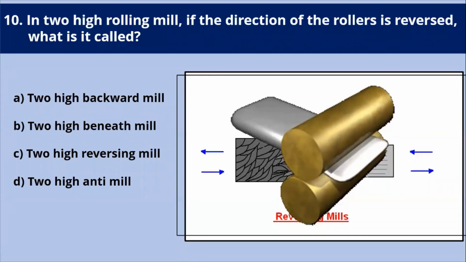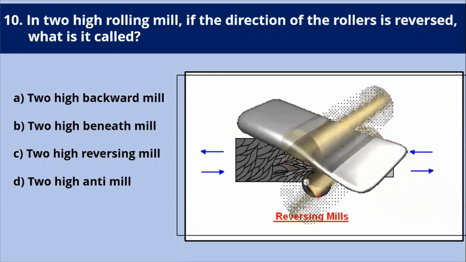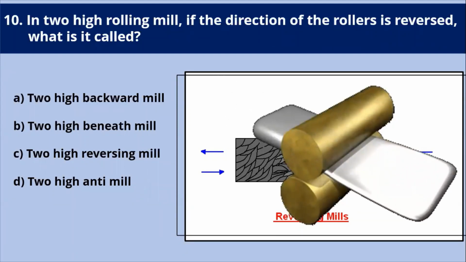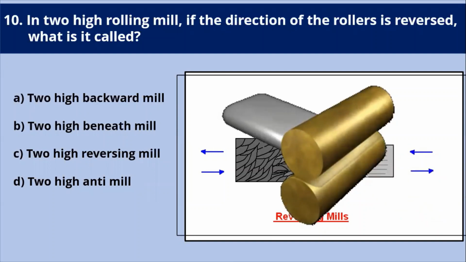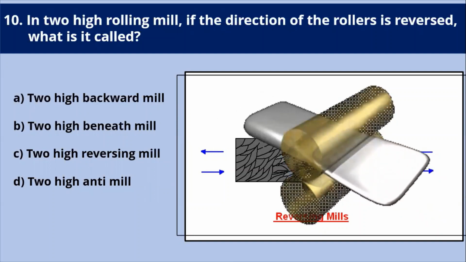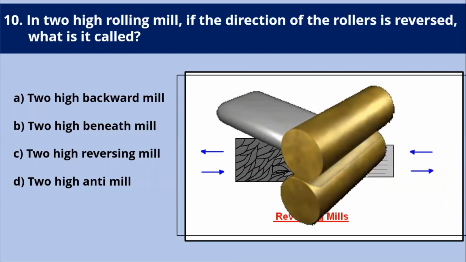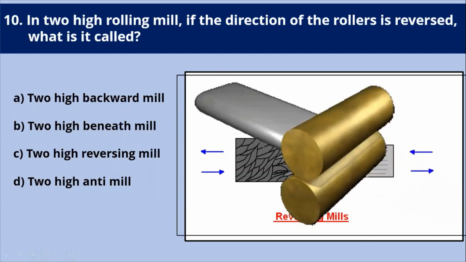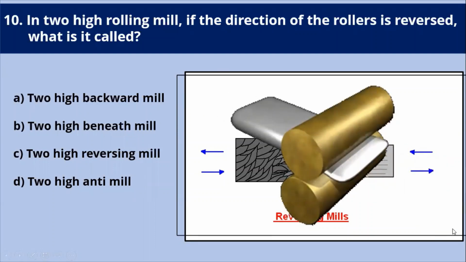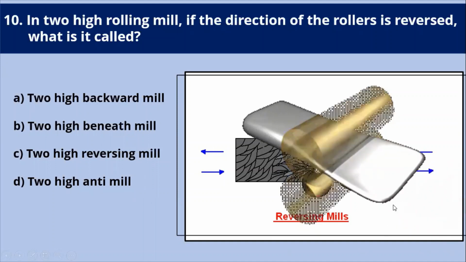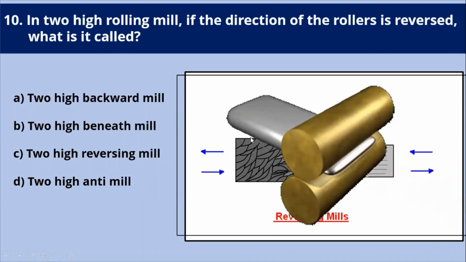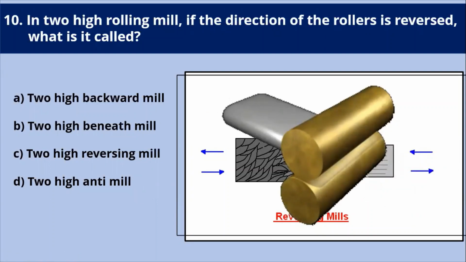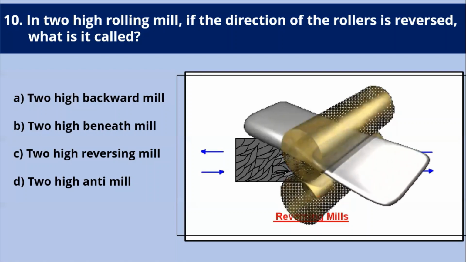Next question. In a two high rolling mill, if the direction of the rollers is reversed, what is it called? From this diagram, it is very clear that in the two high reversing mill, the mill rotates first in one direction, and then in the other, the reverse direction, so that the rolled metal may pass back and forth, moving forward as well as backward through the rolls several times.